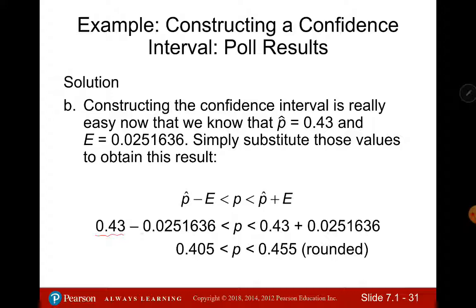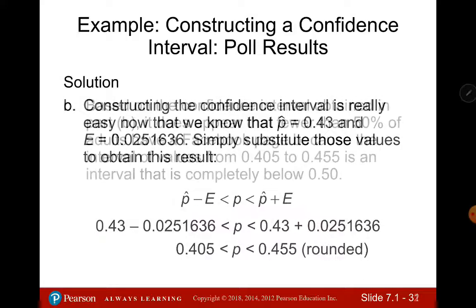And from part A, we know the margin of error. So minus margin of error to plus margin of error. In this step, we only need to keep 3 significant digits for the answer. Make sure you know this is the format for the confidence interval of proportion: p-hat plus or minus margin of error.